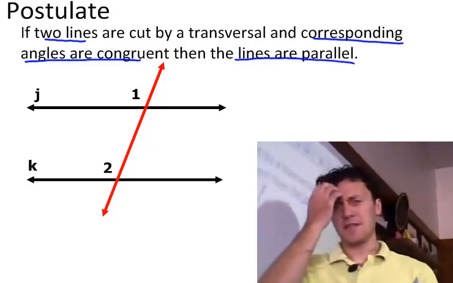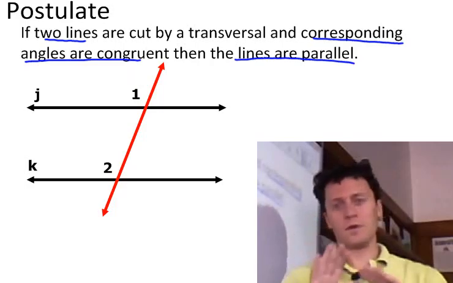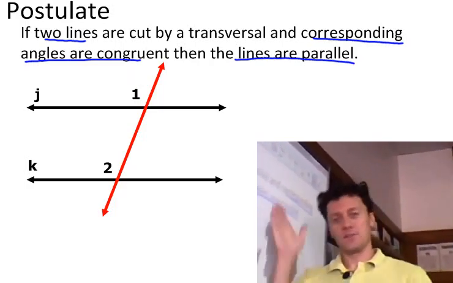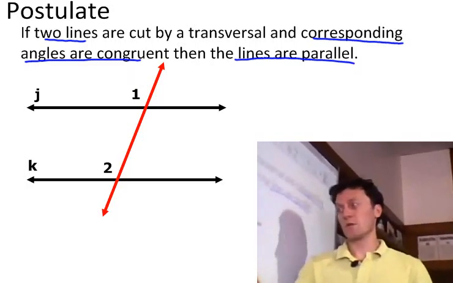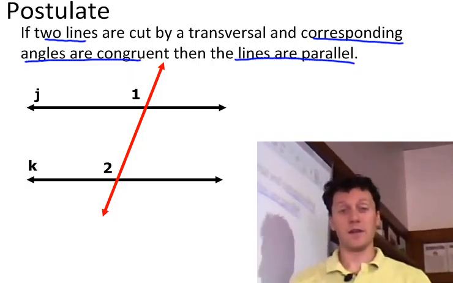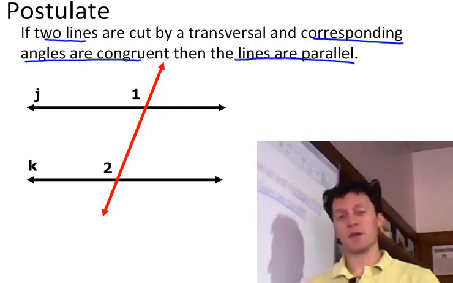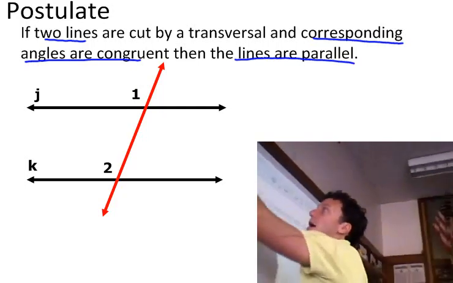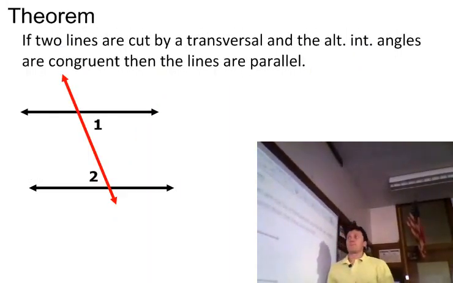So this time we're starting out, we don't know if the lines are parallel, and then this transversal comes along, the corresponding angles, we find out they are congruent, so now we can conclude parallel lines. Okay, so let's keep going.